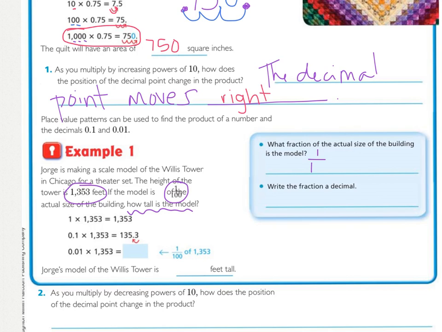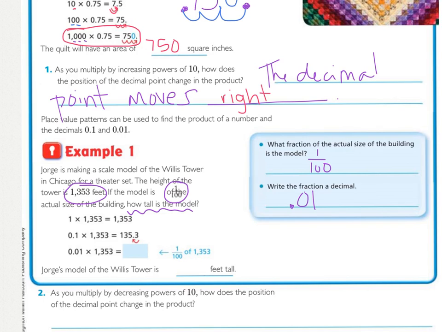It is 1/100th. And then how do you write that as a decimal? You just have a 1 in the hundredths place. Now, it's important to remember that 1/100th is the same as 1/100th in a fraction, because that's going to help you remember which way your decimal is going to move.